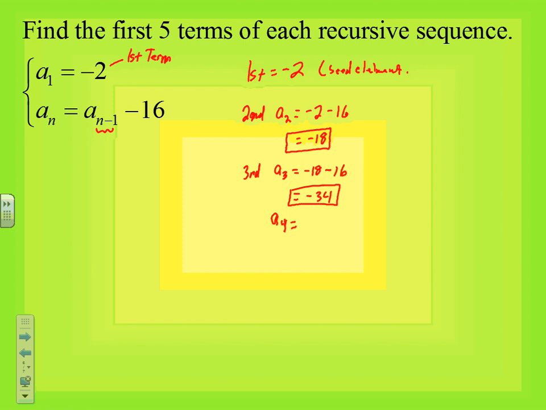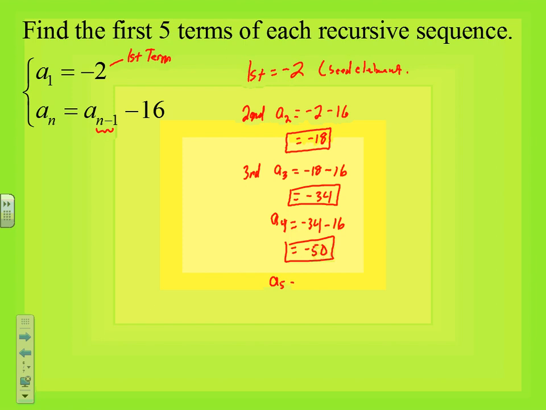It's just a continual process. Once I know what the new number is, I substitute that into the sequence to see what the next number is going to be. So negative 34 minus 16 is negative 50. So there's the fourth number, and we've got one more to find.